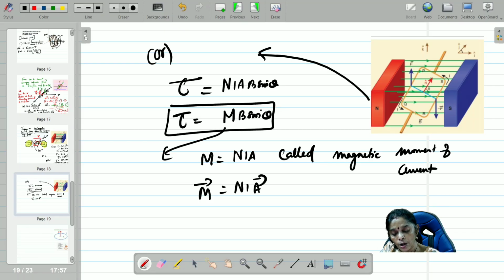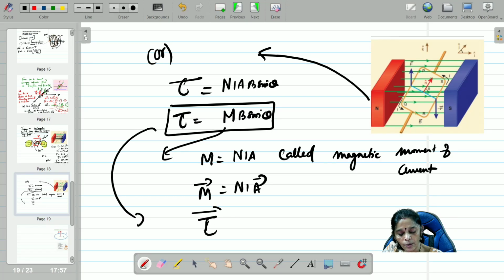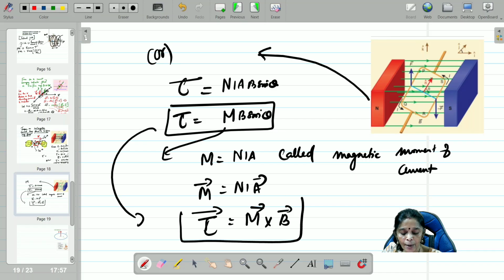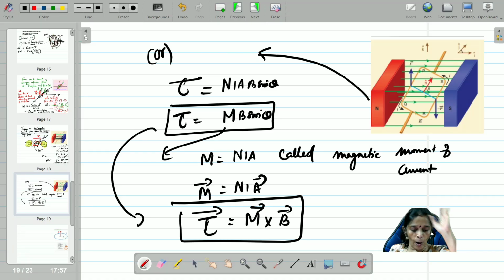Therefore, the torque can also be written as torque tau is equal to M cross B. Again, you can use the right hand palm rule or cross product rule to find the torque. Same thing, children, always use the right hand palm rule or a cross product rule. If you are well versed in i cross j equals k or something, you can use that, or otherwise the palm rule. So torque tau is equal to M cross B.